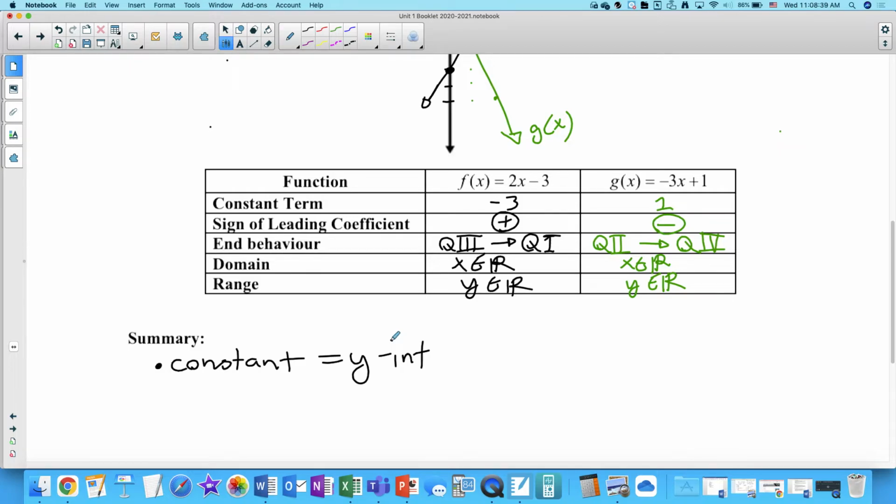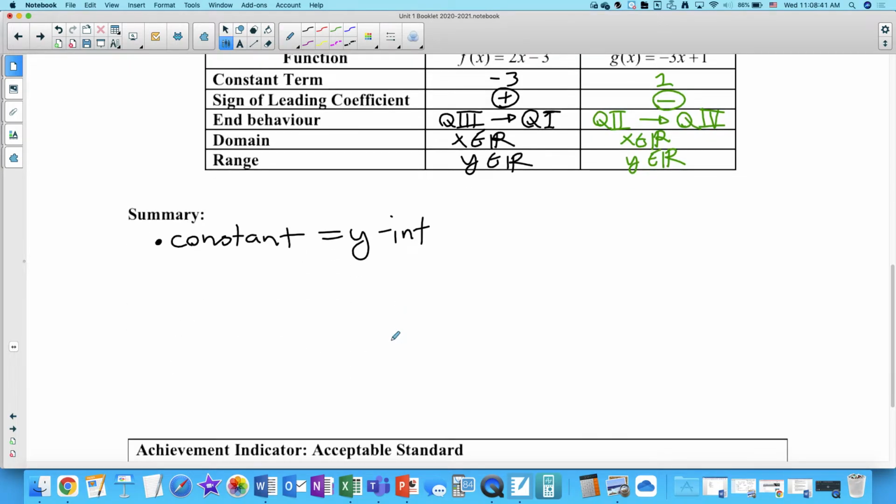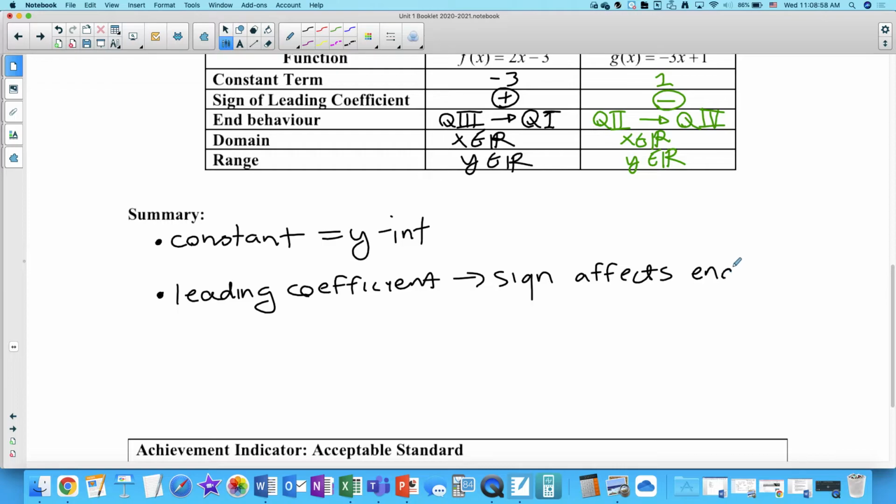So the leading coefficient, the sign affects the end behavior. Okay, so if a is positive, if a is greater than 0, okay, then we get this situation going on.